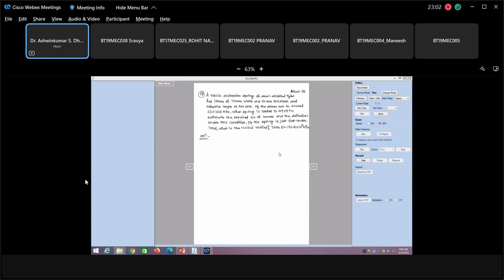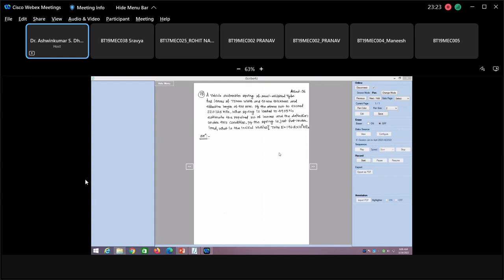So it is basically a leaf spring which is loaded completely, and we are asked to estimate the number of leaves, and that is a semi-elliptical leaf spring. So what are the equations which we need to use?